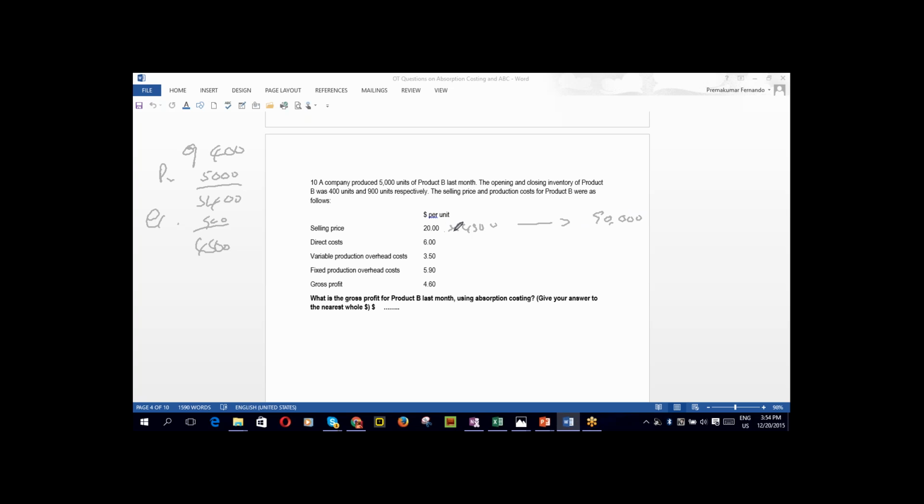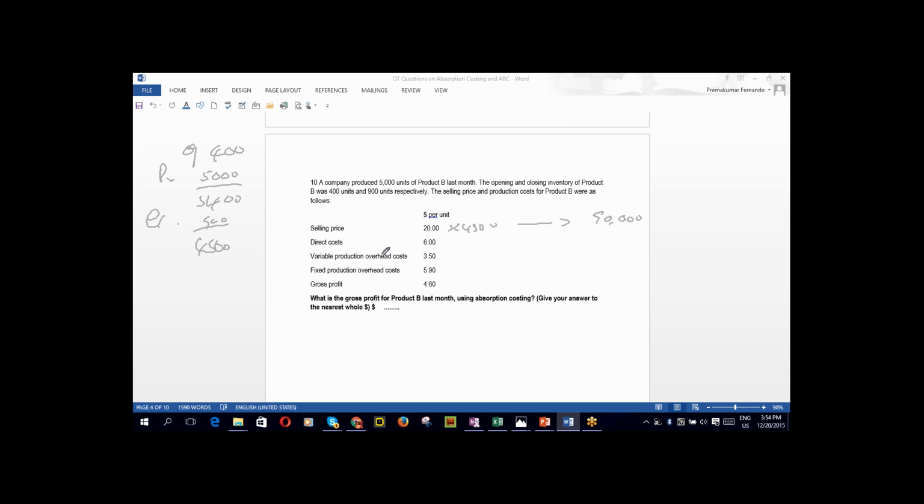Direct cost, right? The opening inventory is 400, and the closing inventory is 900, and the closing stock is 15,000. So we don't need to worry about all that. What we are trying to look at is the gross profit.